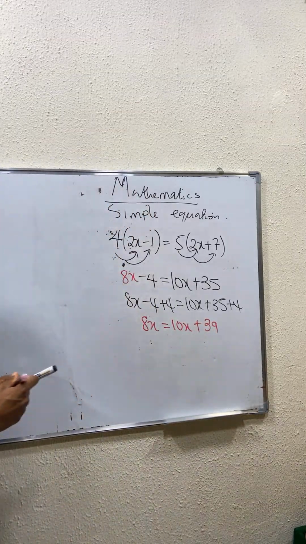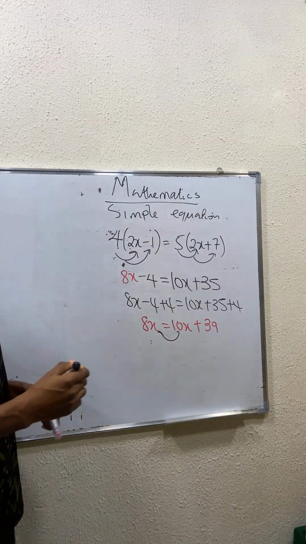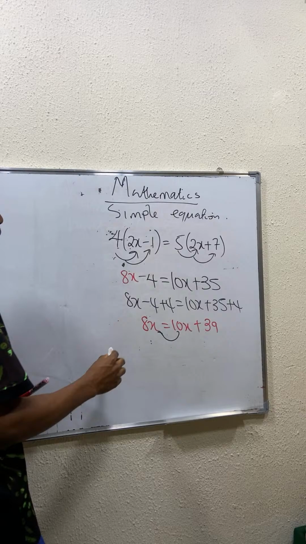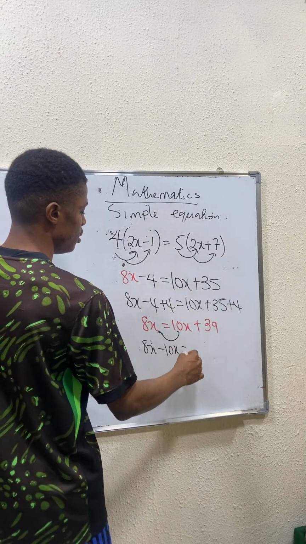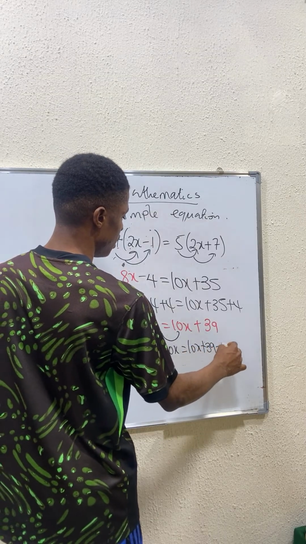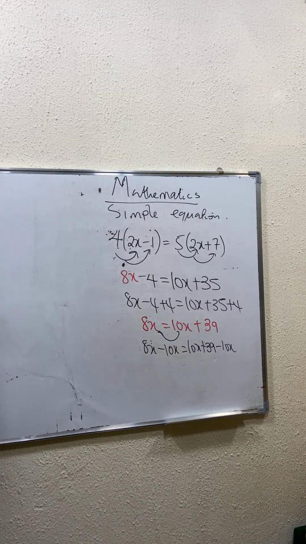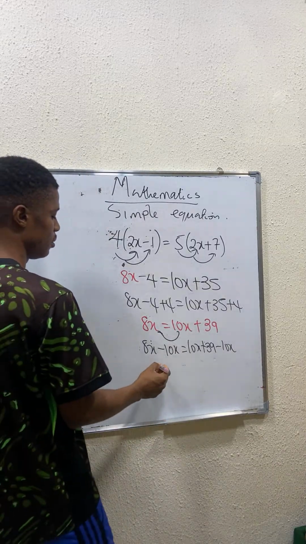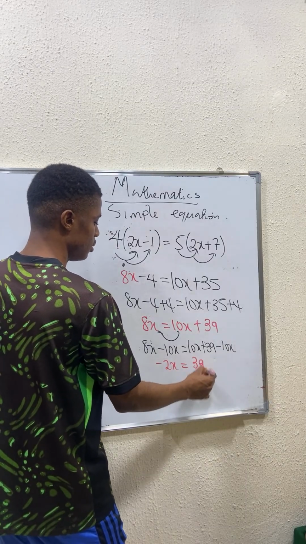Good. So here we subtract 10x from both sides. So we have 8x minus 10x is equal to 10x plus 39 minus 10x. So you have minus 2x is equal to 39.